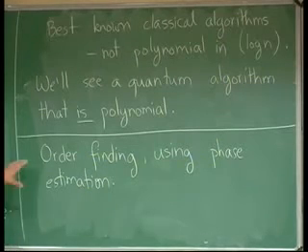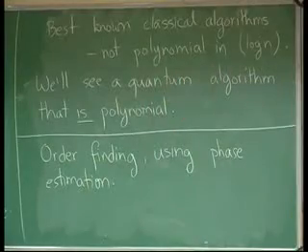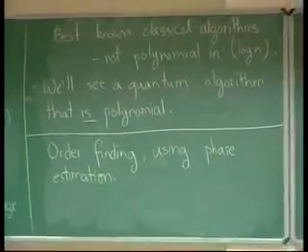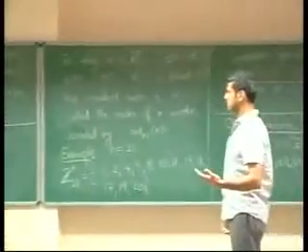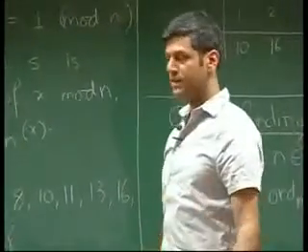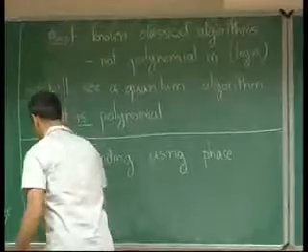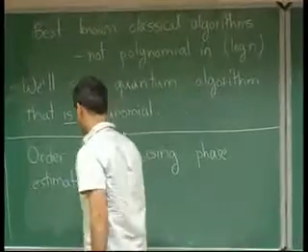Well, to do this, I have to define for you two things. One is, what is the state into which a phase will be introduced, and what is the unitary that is going to introduce the phase? The unitary is easier to describe, so let me do that first.